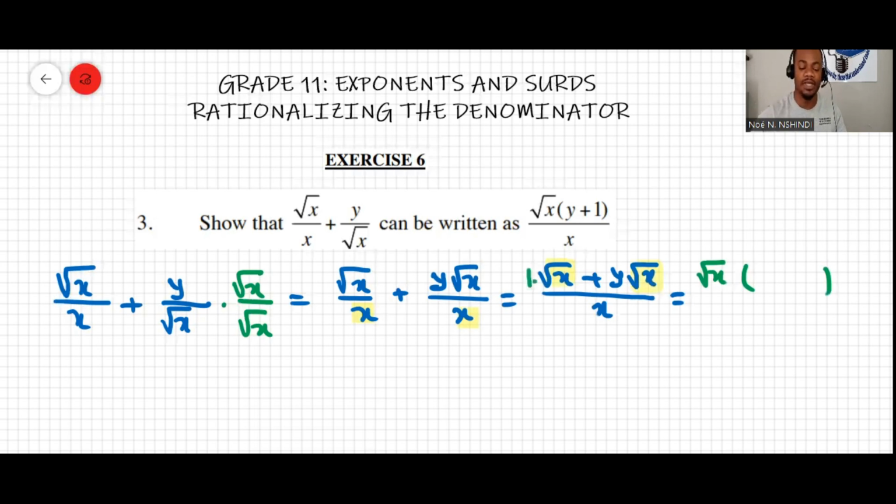So it's going to be 1 plus y here, all over x, which is basically this. If I rearrange, this can be written as root x times y plus 1 over x. Proven.